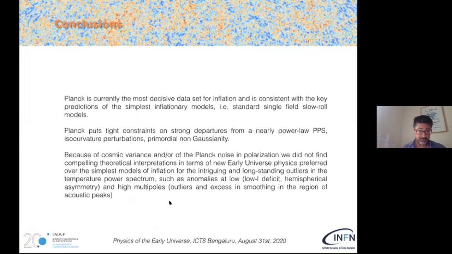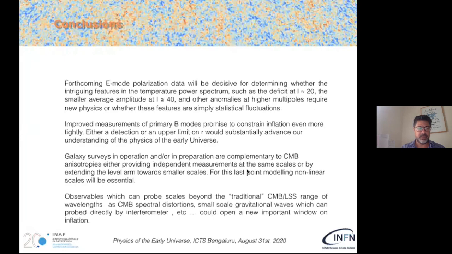Because of cosmic variance and the Planck noise in polarization, we didn't find any compelling theoretical interpretation in terms of new early universe physics preferred over these simplest models of inflation, for the intriguing and long-standing problems such as outliers in the temperature power spectrum at low L or high multipoles. However, forthcoming E-mode polarization will be relevant for this, and improved measurements of B modes promise to constrain inflation, giving either a detection or an upper limit on r.